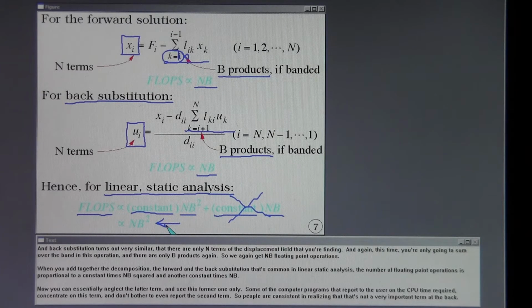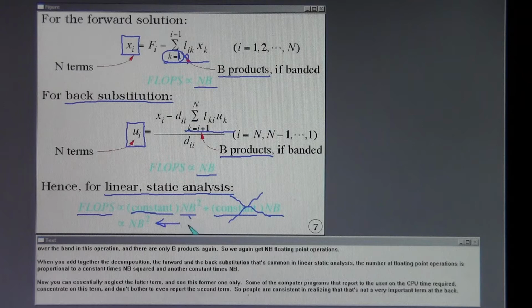Some of the computer programs that report to the user on the CPU time required concentrate on this term and don't bother to even report the second term. So people are consistent in realizing that that's not a very important term at the back.